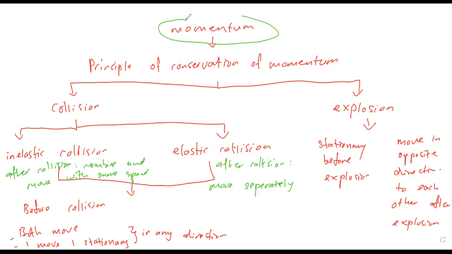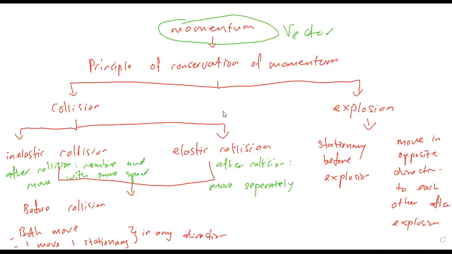Remember, momentum is a vector quantity. That means momentum has magnitude and also direction. Any object moving in the opposite direction, its velocity will be negative.